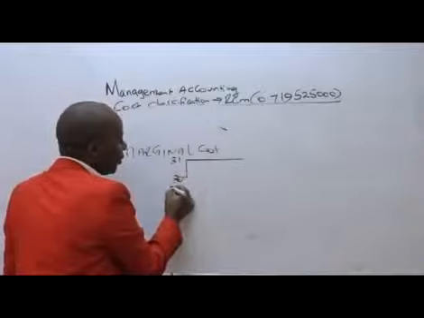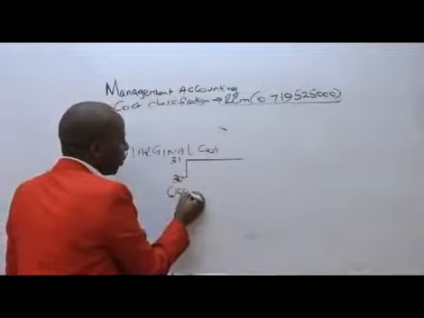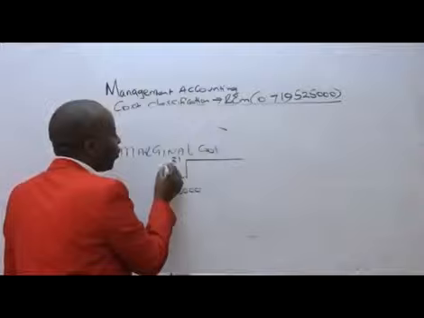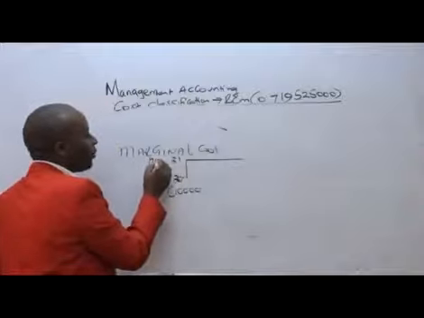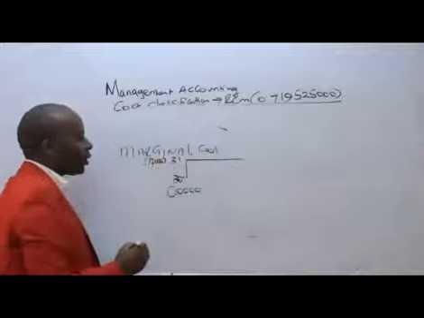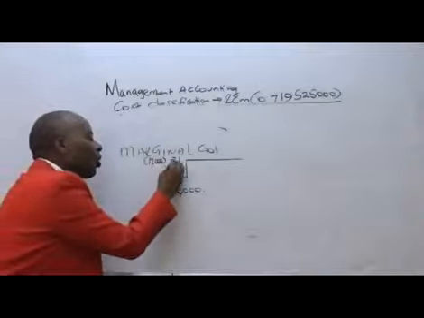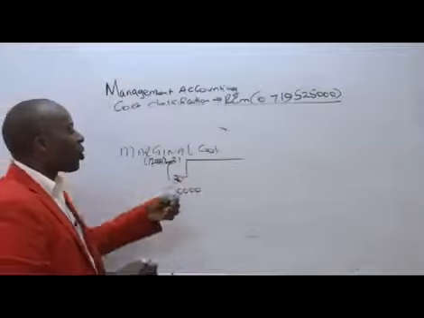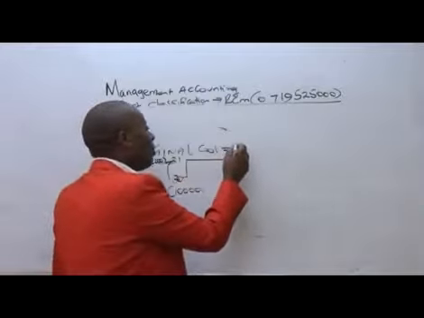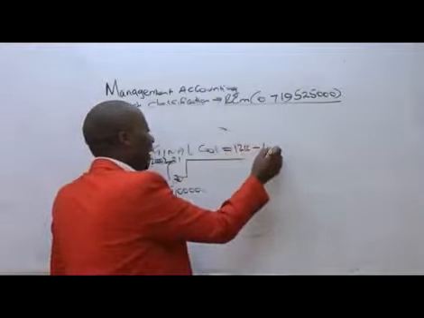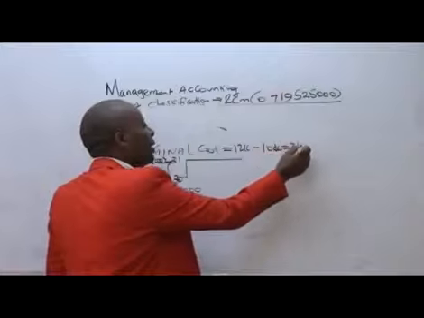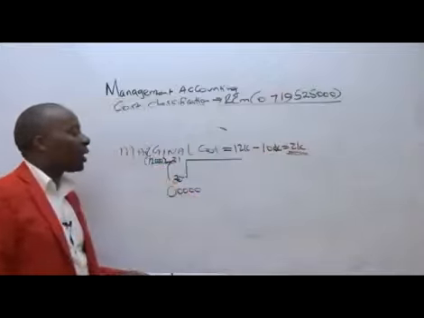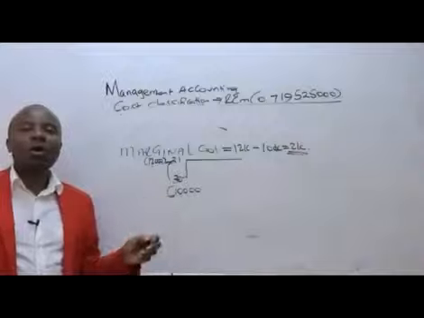If these 30 units were costing us 10,000, and the 31 units are costing us 12,000, then the incremental cost from 30 to 31, that incremental cost of 2,000 bob, which is 12,000 minus 10,000, this additional cost of 2,000 is what we are calling the marginal cost.